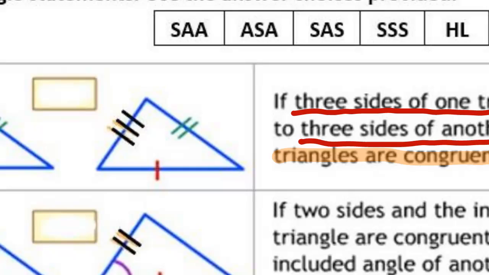The 2 that we just looked at, we had side, angle, side, and angle, side, angle. Anybody want to take a stab at what this one might be called, where it's 3 sides of one triangle and 3 sides of the other? SSS. What do you think SSS stands for? Side, side, side is absolutely correct. This is side, side, side.